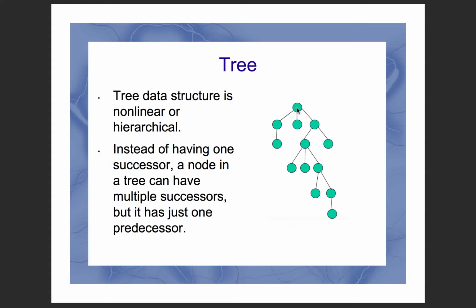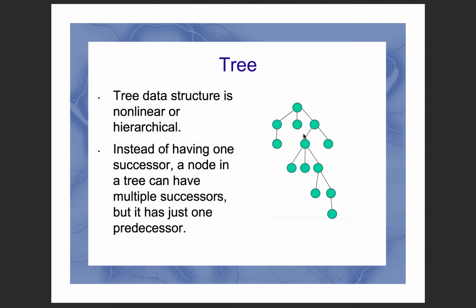You can see that this node generates these three nodes, and these three nodes generate another three nodes. This one generates two nodes, and these three nodes generate another three nodes, and these three nodes generate another two nodes. So a single node at the top of the tree generates several nodes. This is one simple example.